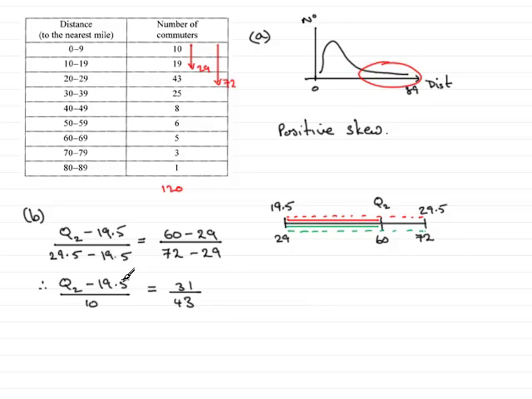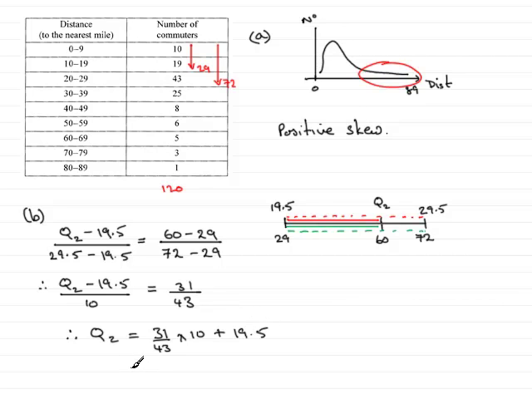That will give me Q2 minus 19.5 equals 31 over 43 times 10, and then add the 19.5 to both sides to give me Q2 equals 31 over 43 times 10 plus the 19.5.